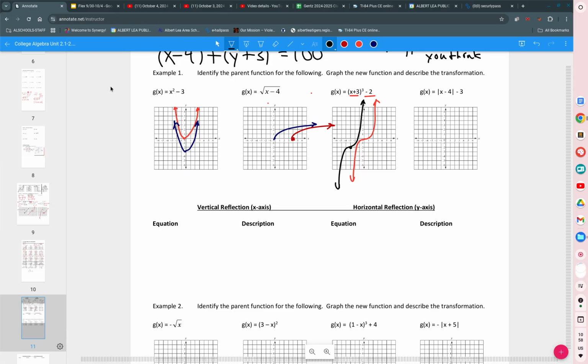Try the last one on your own. Take a glance up when you think you got it.